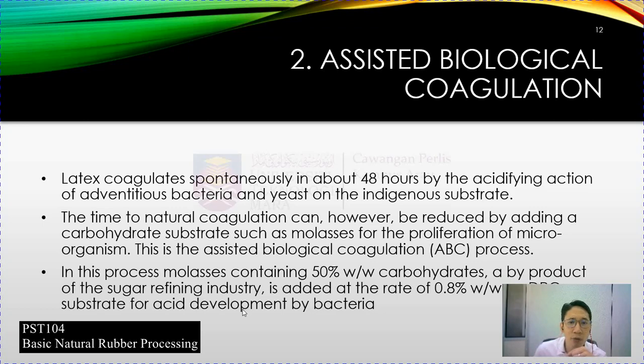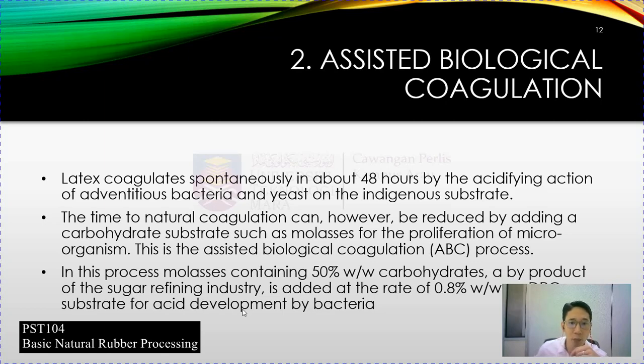The time to natural coagulation can, however, be reduced by adding a carbohydrate substrate such as molasses for proliferation of microorganisms, to promote rapid growth of the microbes. That's why we call it the assisted biological coagulation, or ABC, process.